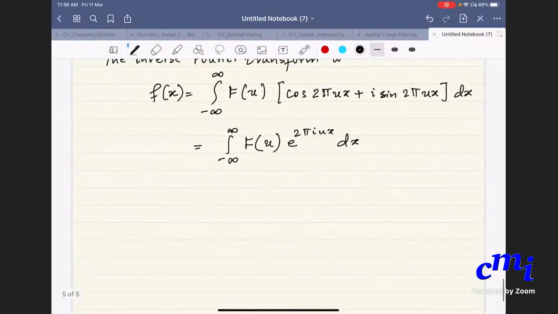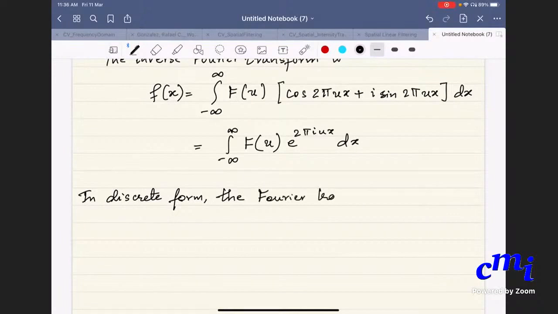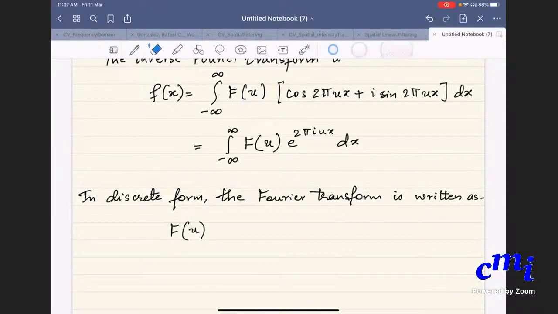This was for a continuous function of a continuous variable. Now we want to write all this in discrete form because that is the kind of data that we are going to deal with. So in discrete form, the Fourier transform is written as, well, your integral will be replaced by summation, and we will also have an average outside.